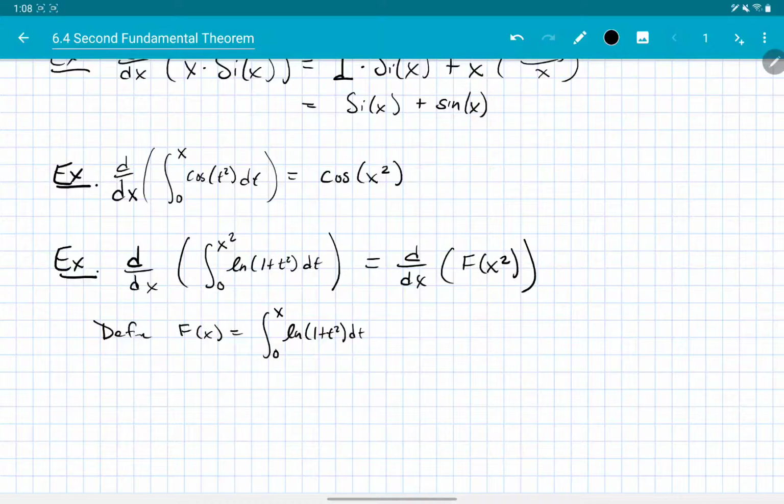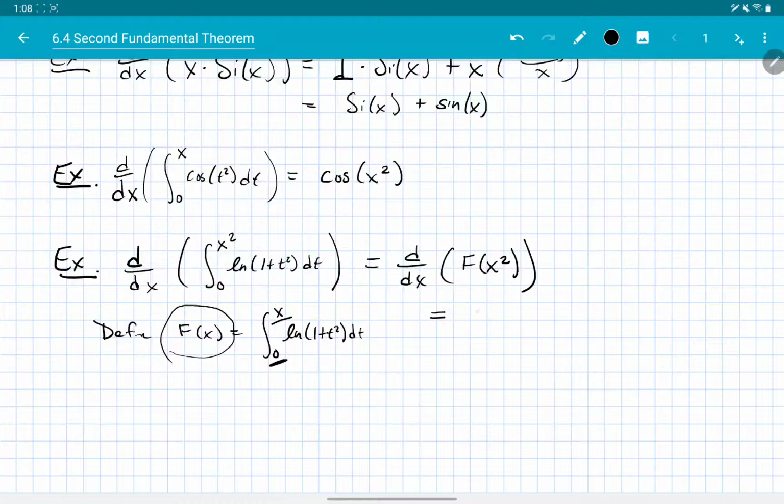Okay? The fundamental theorem is only about integrals from one point to one variable x, not the variable x squared. So if we want to use the fundamental theorem, we have to only use it on this function F of x. We can't use it on F of x squared, but thankfully we have the chain rule.